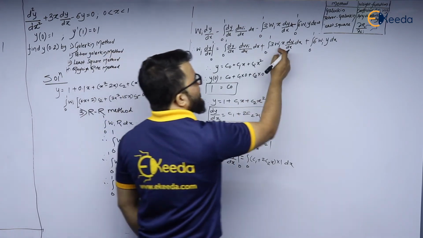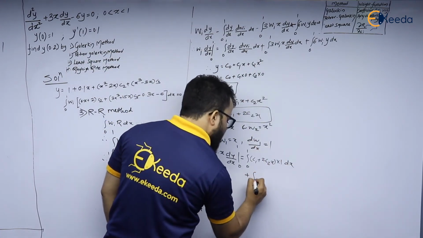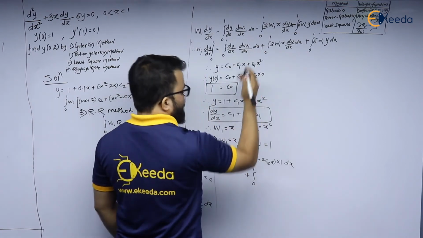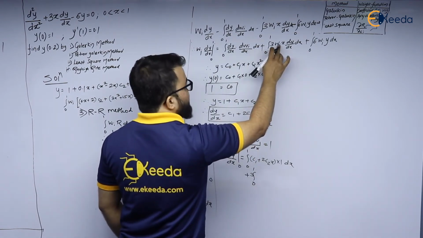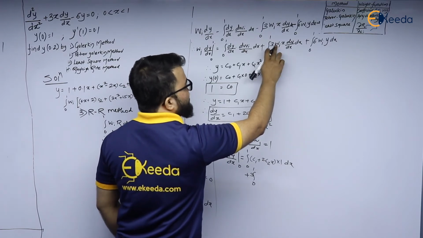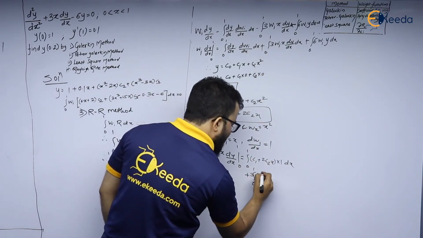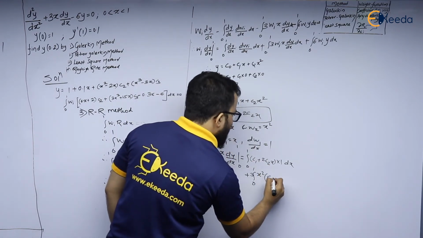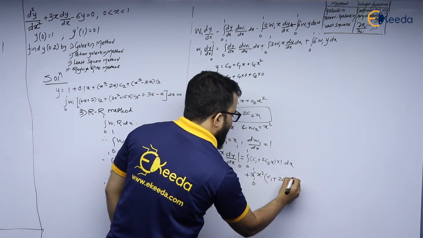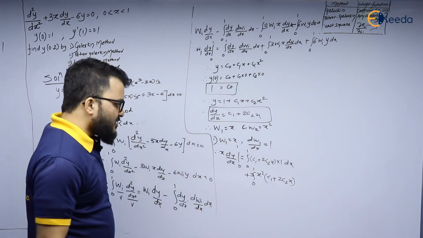Now we will see the second term. My second term is from 0 to 1, 3 is a constant, so taking it outside the integration, w1 which is x, times x gives x square, into dy by dx which is c1 plus 2c2x. So the second term is also completed.